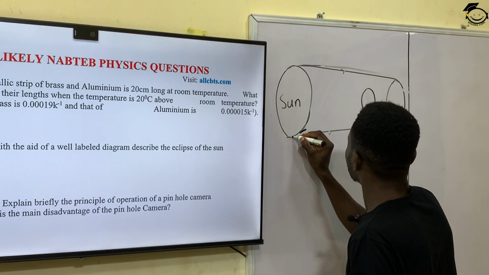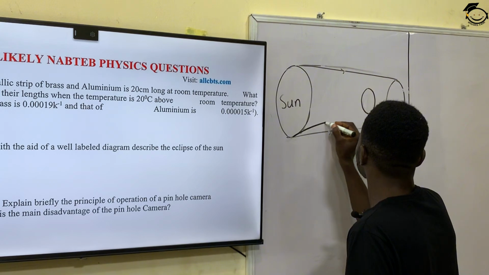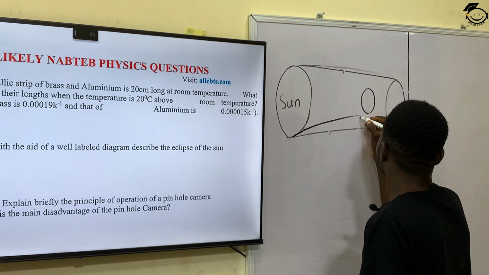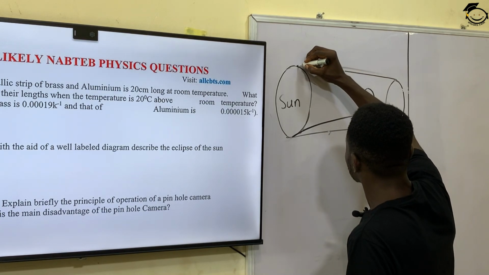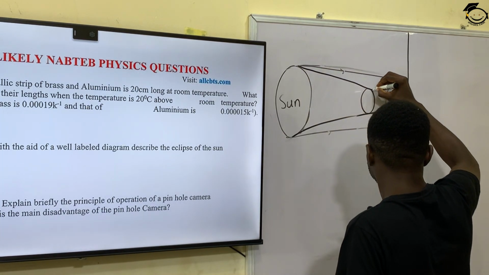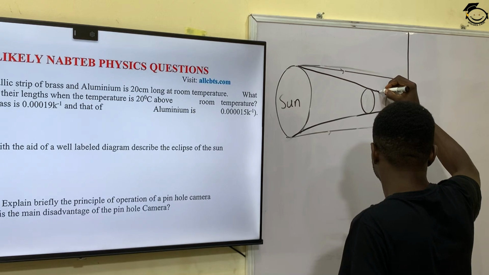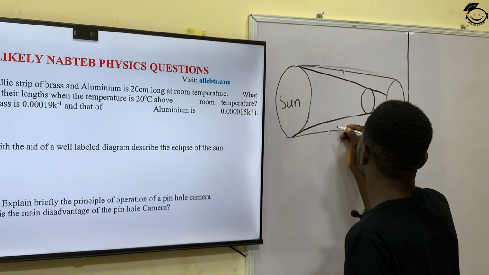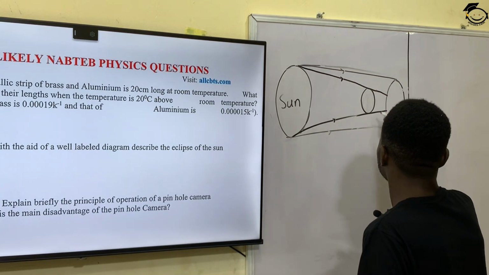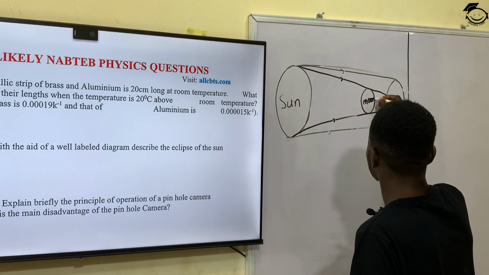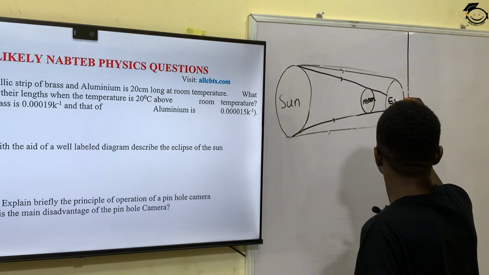So I have the diagram looking like this. So this is moon and this is earth.